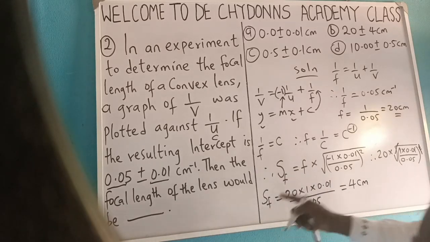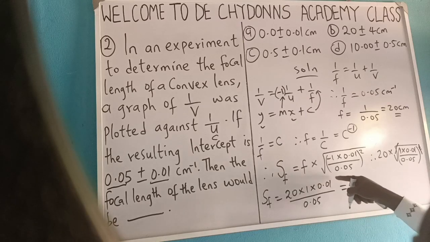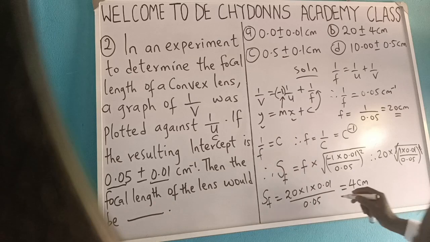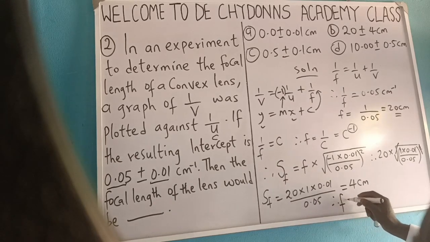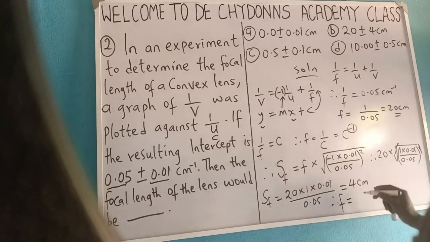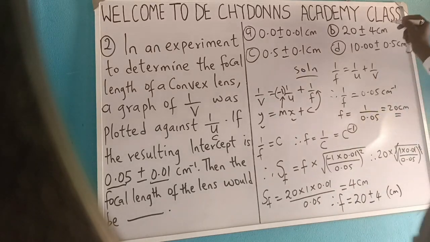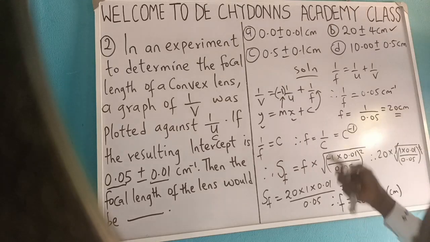That is the error in getting f, because if you shift this decimal point, it is 5 divided into 20. Therefore, our focal length is equal to 20 plus or minus 4 cm. The unit is in cm. Which option? Option B.